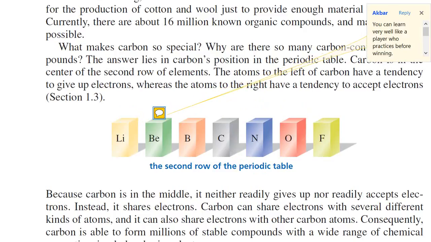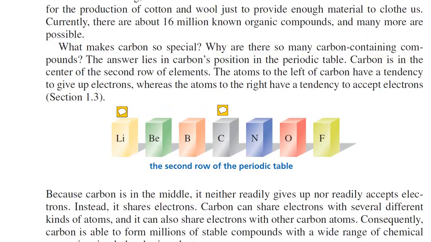This is lithium, beryllium, boron, carbon, and then nitrogen. Moving towards your right side, you see oxygen, and at fluorine you stop. If you want to go back, oxygen, nitrogen, carbon, then you move towards boron, beryllium, and lithium.